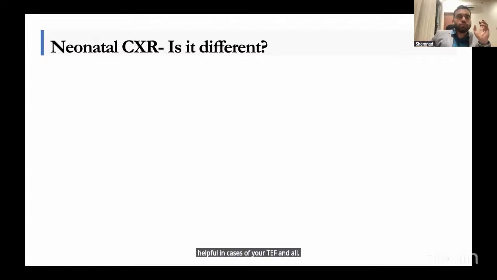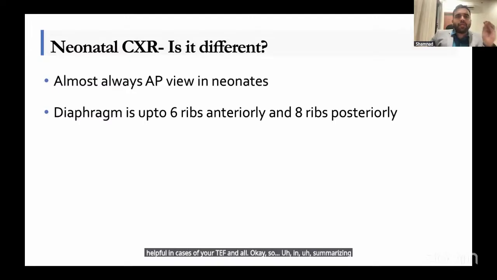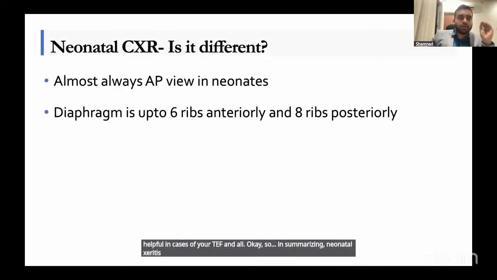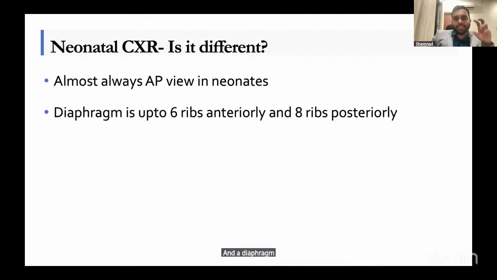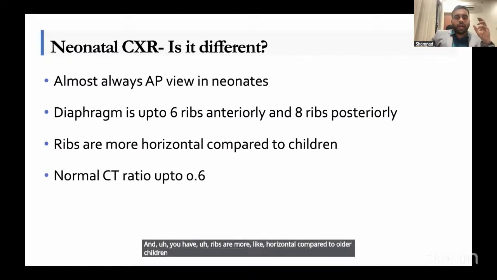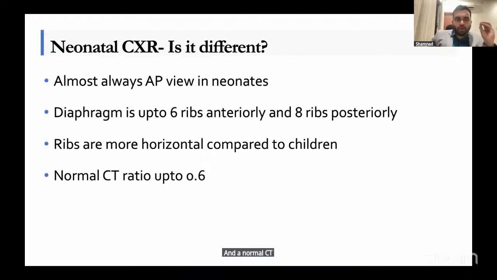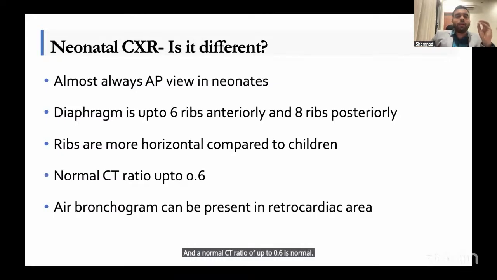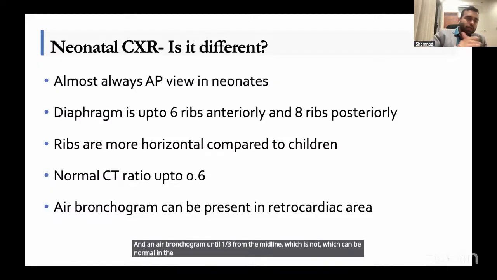Okay, so in summarizing, neonatal X-ray, it is almost always anteroposterior view in neonates, and diaphragm is up to 6 ribs anteriorly and 8 ribs posteriorly, and the ribs are more horizontal compared to older children, and a normal CT ratio of up to 0.6 is normal, and an air bronchogram until 1/3 from the midline, which can be normal in the retrocardiac area, because when we go to the findings of RDS, we'll be seeing air bronchograms.